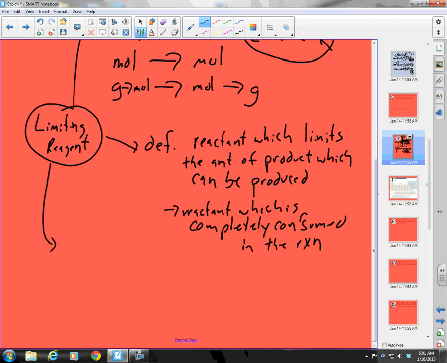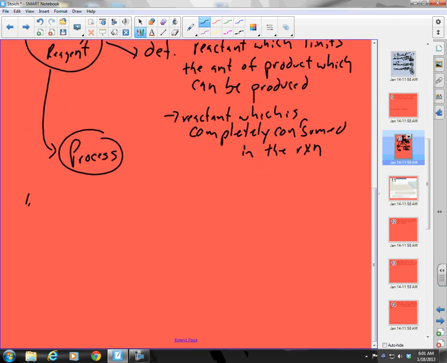Now let's talk about the process. Okay, here's what we're going to do. Here's the process. Number 1, take a reactant. It doesn't matter which one. Take one of them. Convert to moles.